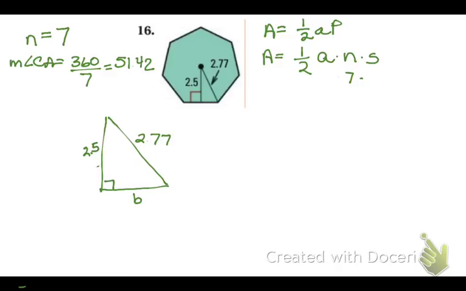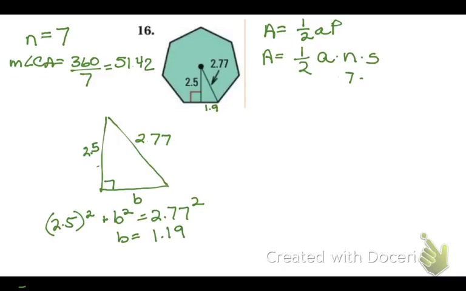So we have 2.5 squared plus b squared equals 2.77 squared. I'm going to shorten this up a bit. If you do all those calculations, b is equal to 1.19. So that little piece right there is 1.19.